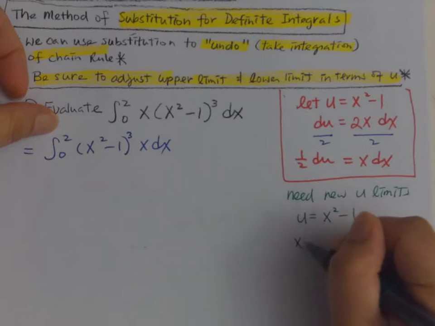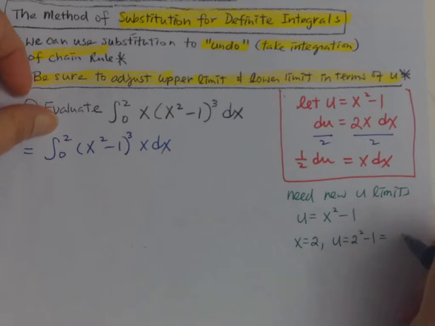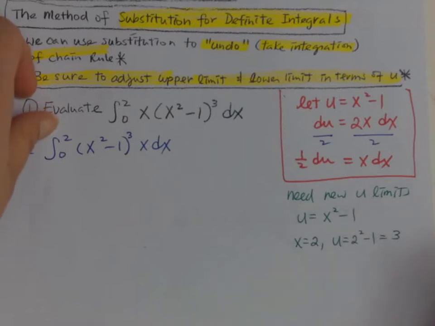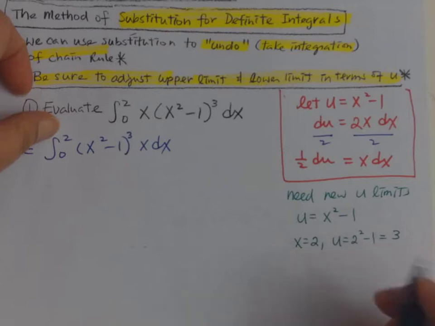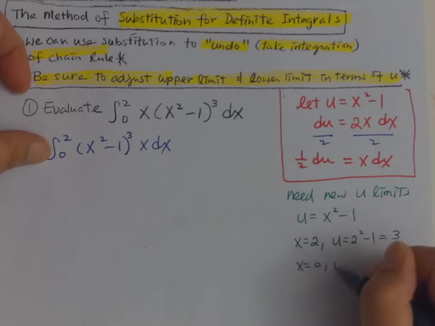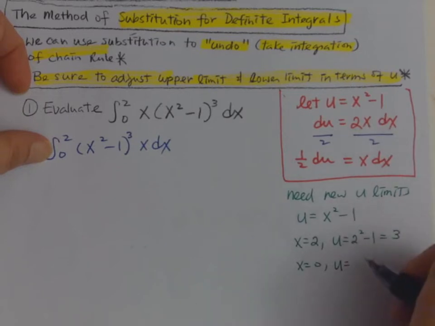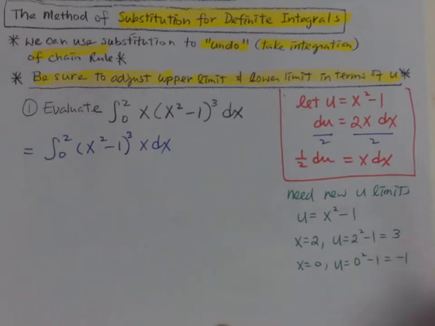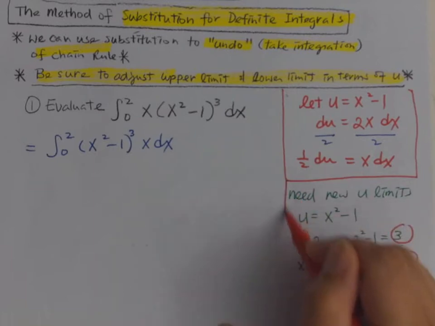If x equals 2, then u equals 2 squared minus 1, so this is 4 minus 1, which is 3. That's my new u upper limit, right? And if I use the lower limit, x equal to 0, again u equals x squared minus 1, so 0 squared minus 1 is -1. So those are my new lower and upper limits.